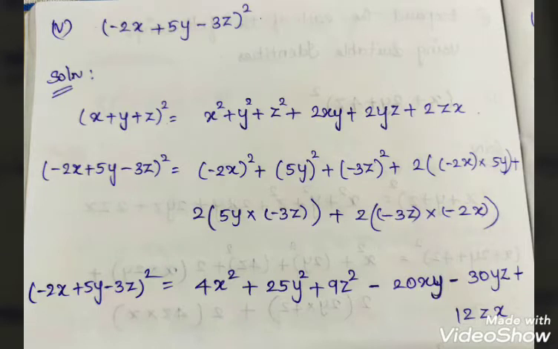So minus 2x plus 5y minus 3z the whole square equals minus 2x the whole square plus 5y the whole square plus minus 3z the whole square, plus 2 into minus 2x into 5y plus 2 into 5y into minus 3z plus 2 into minus 3z into minus 2x. Simplify, what will we get? 4x square plus 25y square plus 9z square minus 20xy minus 30yz plus 12zx. You should be conscious while you are substituting the minus numbers, right?